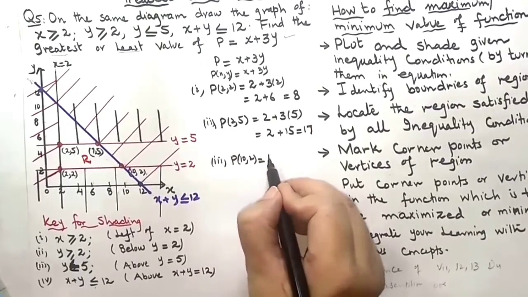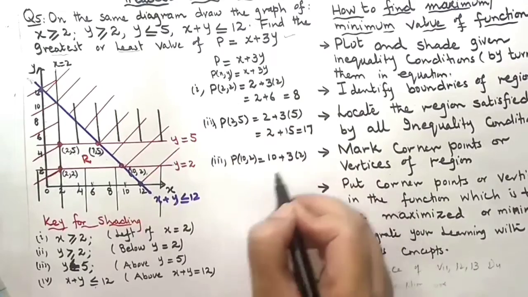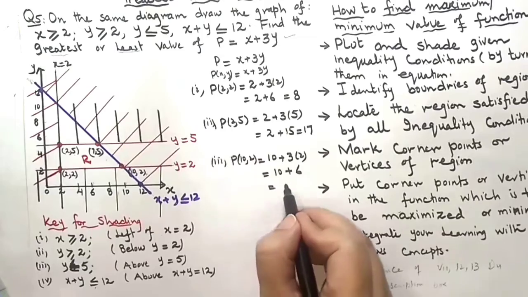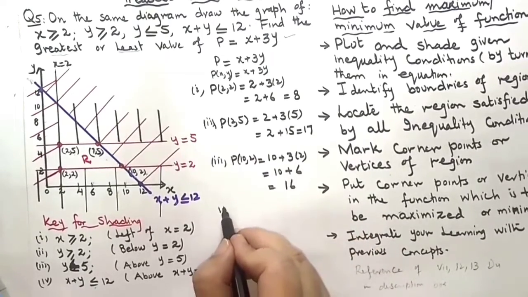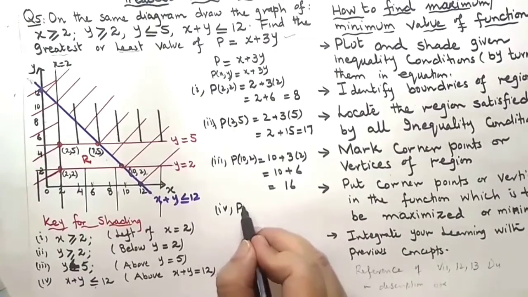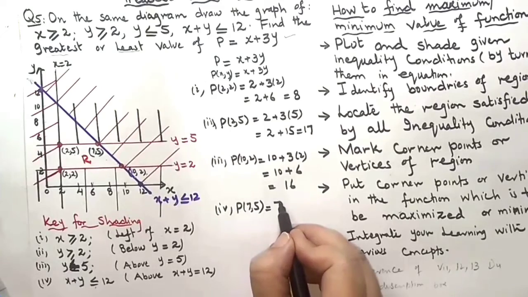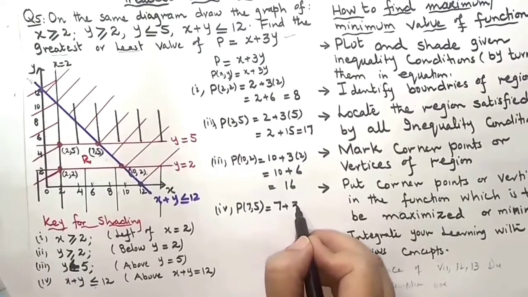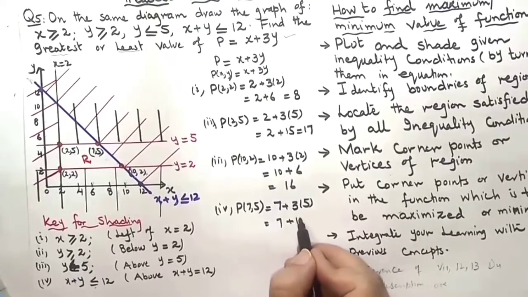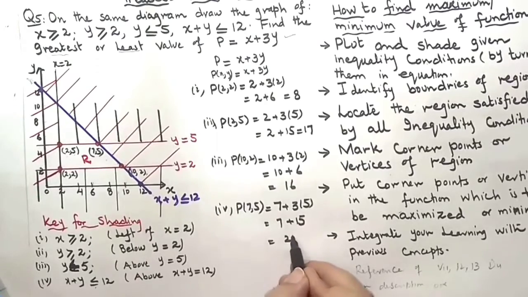X value is 10 plus 3 into 2. This will give me 10 plus 6, which is 16. And the fourth corner point is 7 with 5, means x value is 7 plus 3 and y value is 5. 7 plus 15, which is 22.